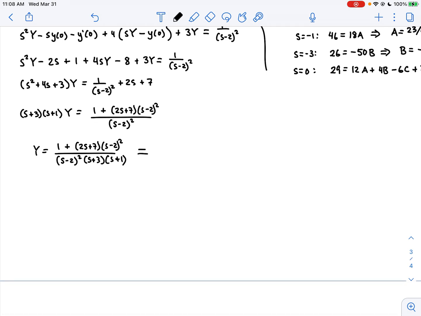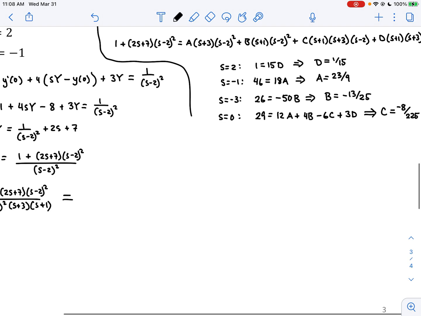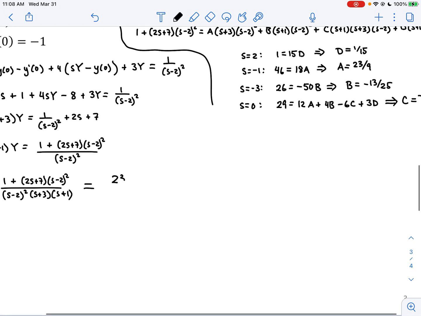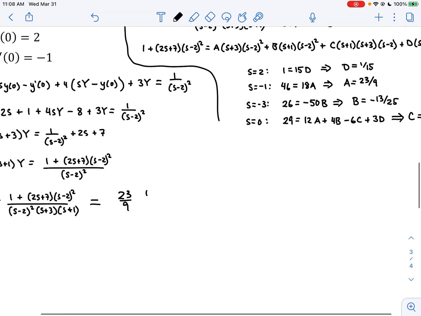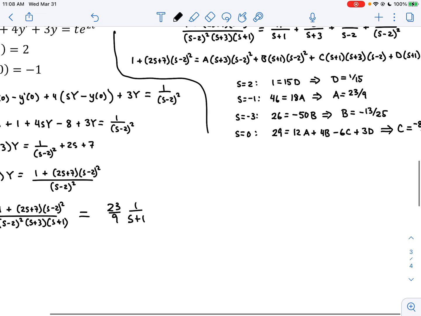Now I'm ready to finish out our problem. Let's go ahead and write the decomposition next to our capital Y. So a was over s plus 1, and a is 23/9. So we have 23/9 times 1 over s plus 1. And then plus b over s plus 3. B is negative 13/25, and that's over s plus 3.